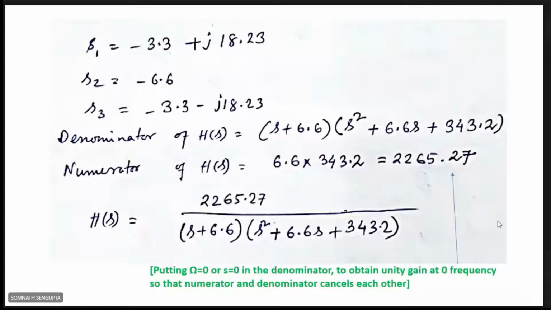This way the filter is designed, but this is only calculating the analog transfer function, not the digital form. For digital, you have to convert it using some suitable relation between s and z. That will be discussed later in the next module.